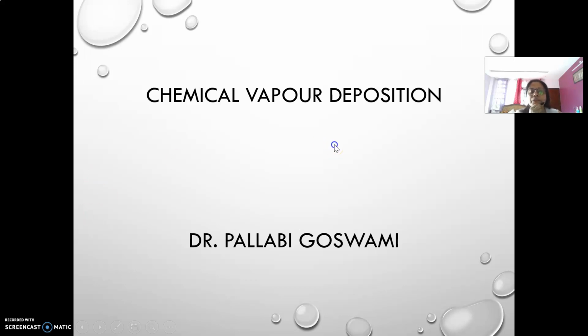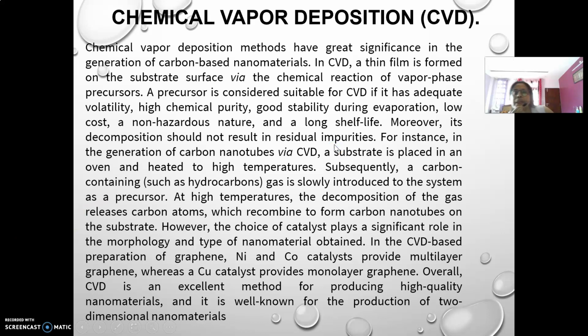If we want a better understanding of chemical vapor deposition, we can say that these methods have great significance in the generation of carbon-based nanomaterials. And in CVD, a thin film is formed on the substrate surface via the chemical reaction of vapor phase precursors.